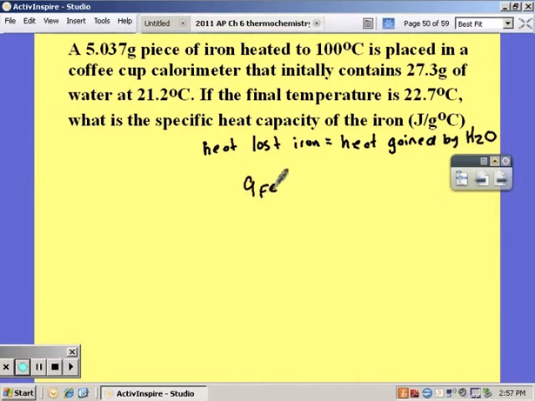So Q of iron equals Q of water, so MC delta T is equal to MC delta T. I'm going to pause it now and try it on your own.